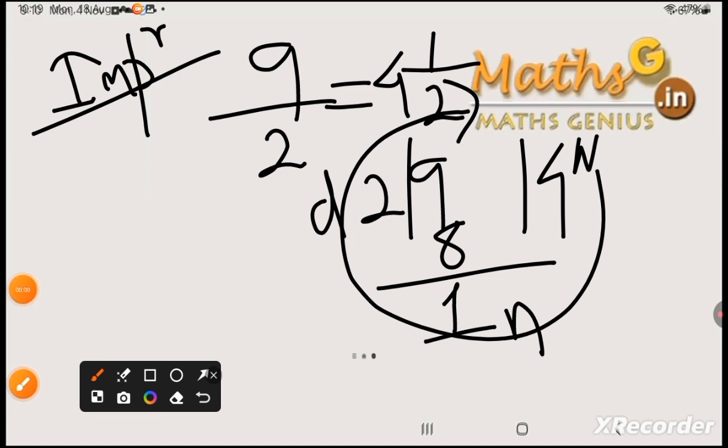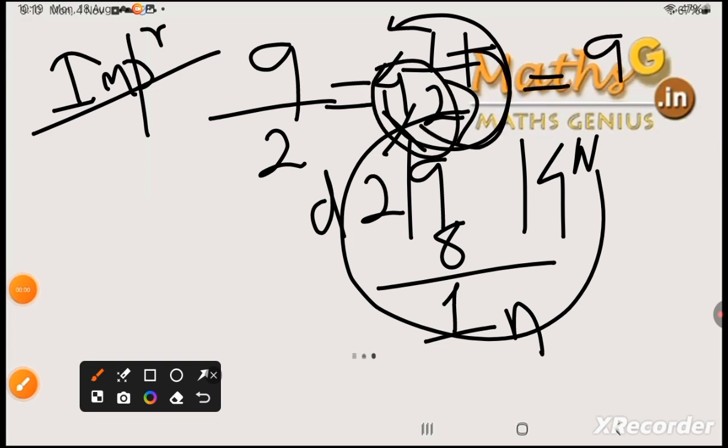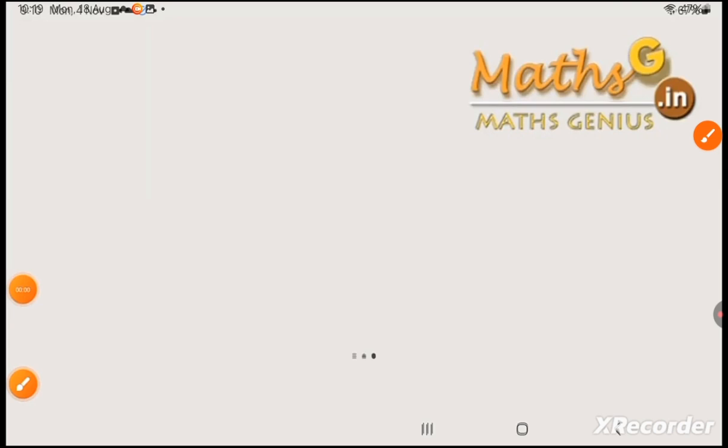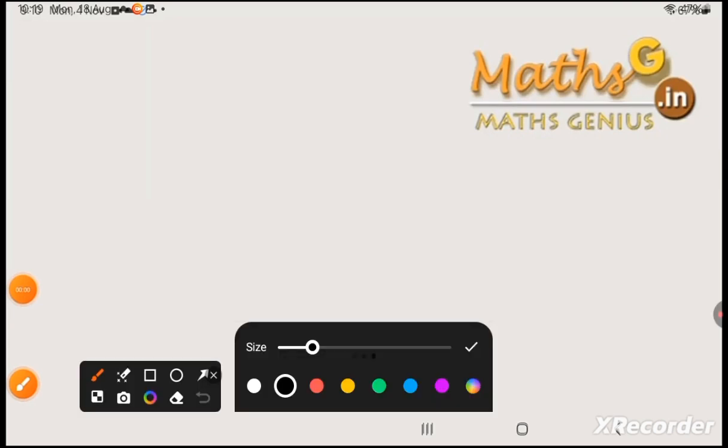How do you get back the number if you multiply like this? 4 into 2 plus 1, that is 4 2's are 8 plus 1, that is equal to 9, and the denominator will stay as it is. So, this is how we convert an improper fraction to a mixed fraction.